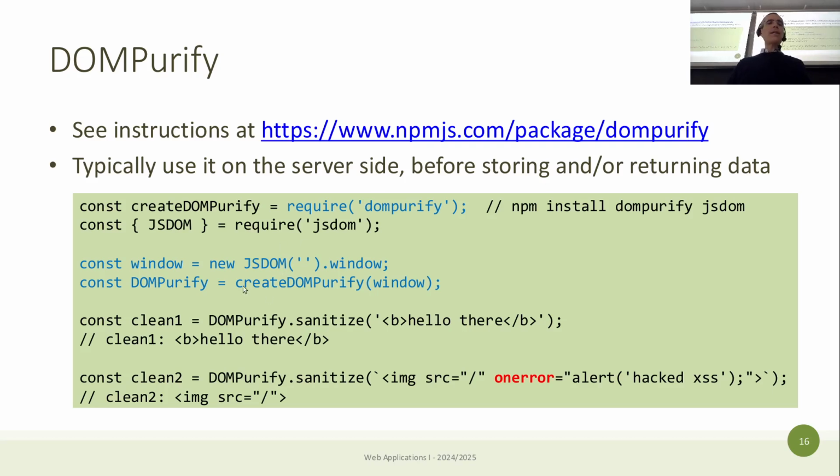So basically, you have this object on which you have this method sanitize. Okay, and if the method doesn't detect anything dangerous, it just returns the same string. Okay, if something is dangerous, like, as we will see in the examples here, onerror, and you can put JavaScript code in this attribute, for instance, well, it just removes dangerous attributes, or even tags if they are really dangerous, like scripts and so on.